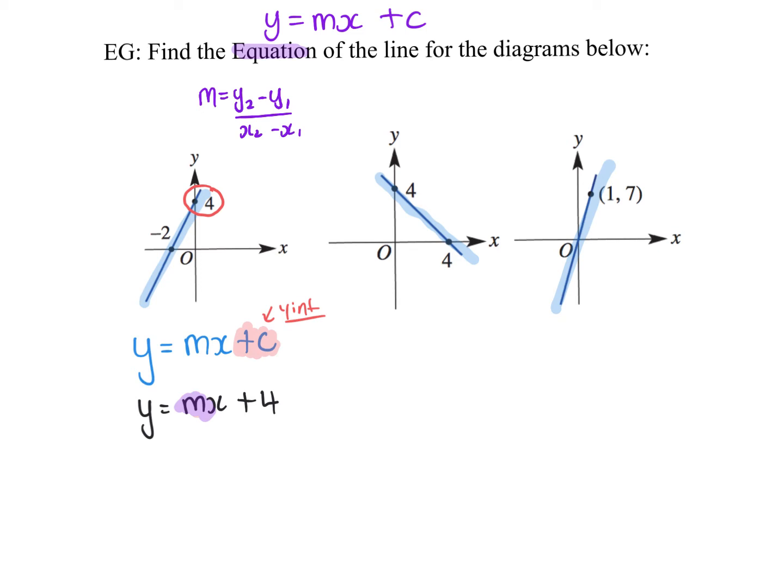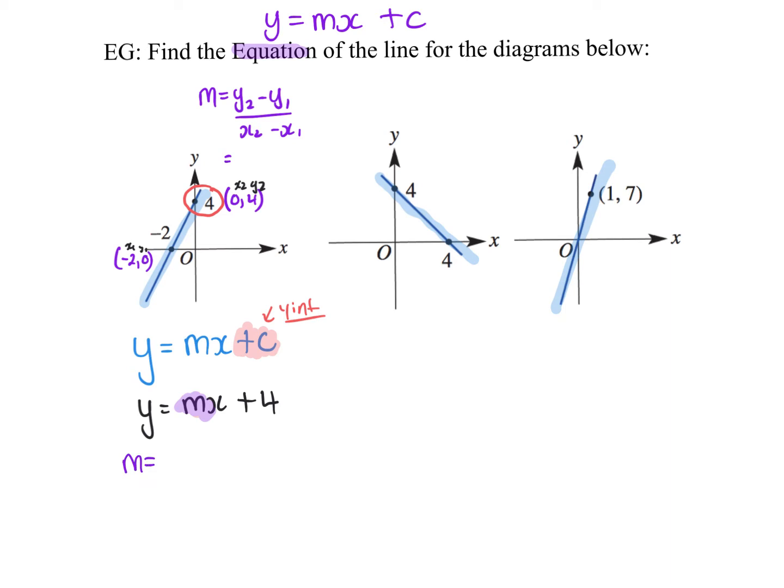I'm going to use that rule. Up here, I'm going to say this point is 0, 4, and over here I'm going to say this point is -2, 0. So I could use this as x1, y1, x2, y2.